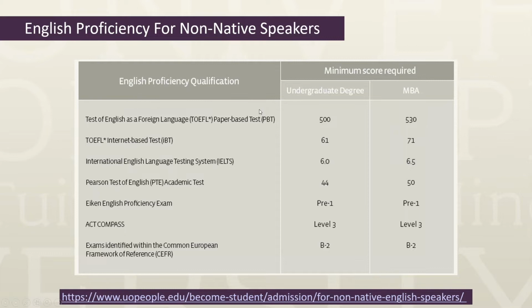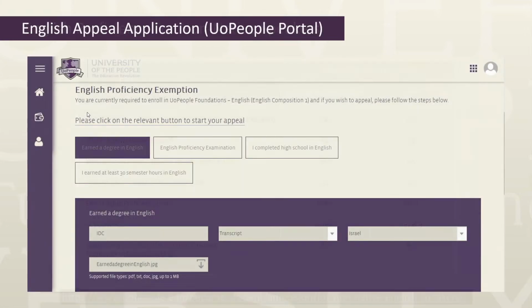Okay, now moving to English appeals. Applicants who are non-native English speakers or did not complete their high school education in an institution where the primary language of instruction is English are required to provide proof of English proficiency.